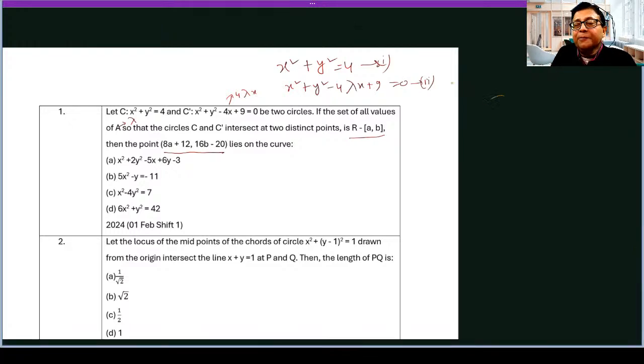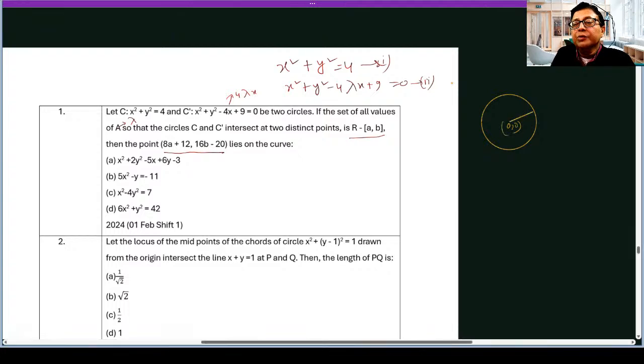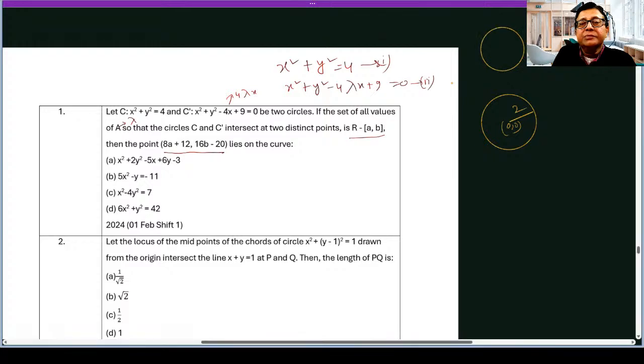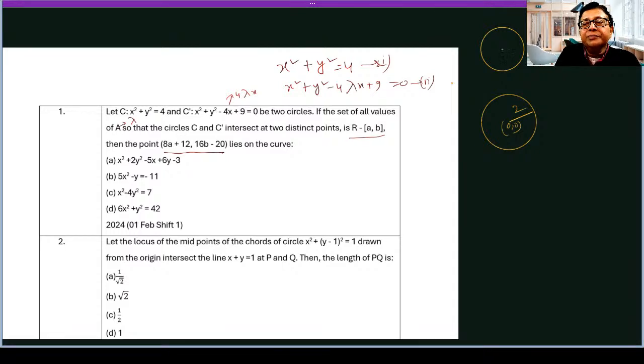These are two circles. For the first one, what's the center? 0, 0, and radius 2. For the second one, what's the center? I am just drawing it at a separate place. The center will be 2 lambda comma 0.